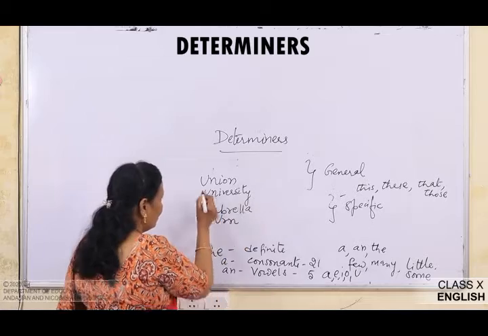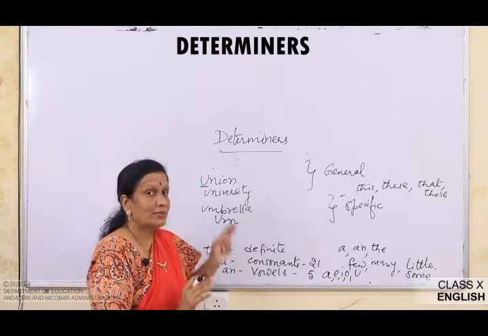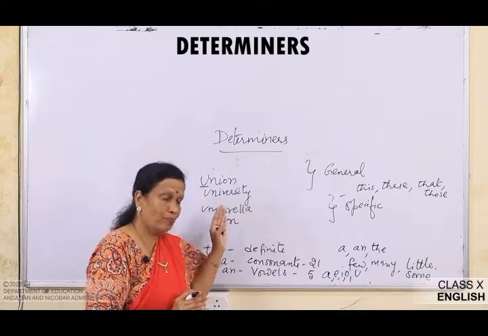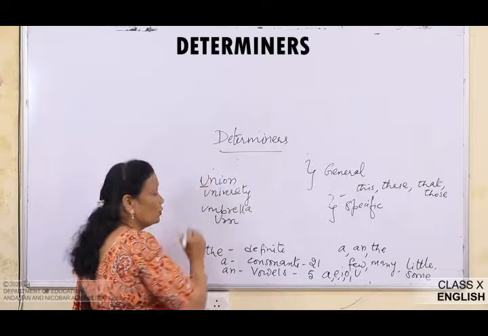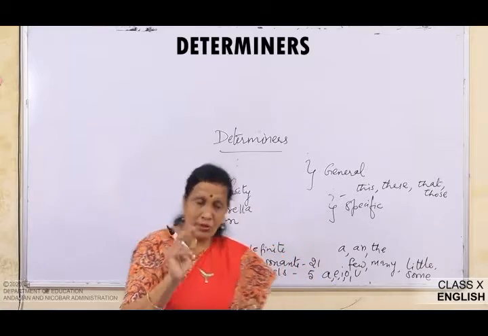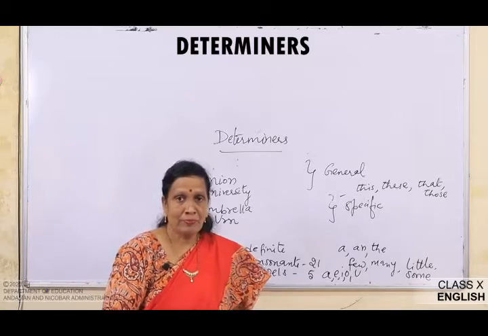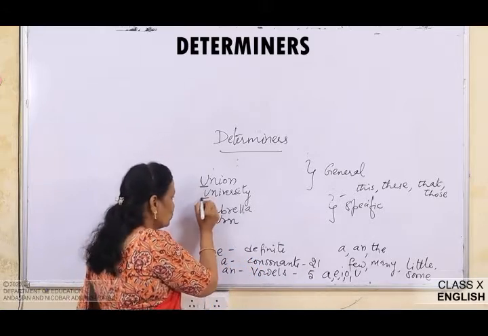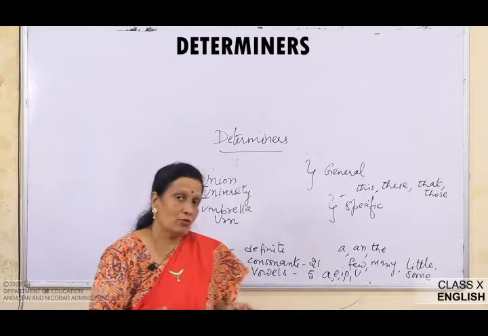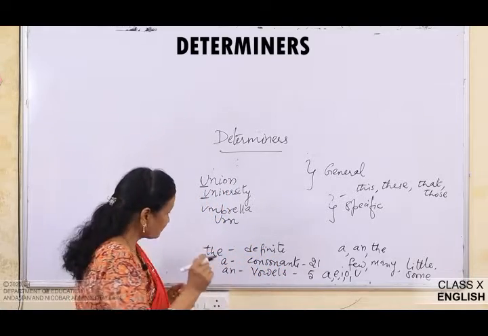For example, union: the sound is U, the letter is also U and we pronounce it as union. And university, the letter is U and it is pronounced as university.